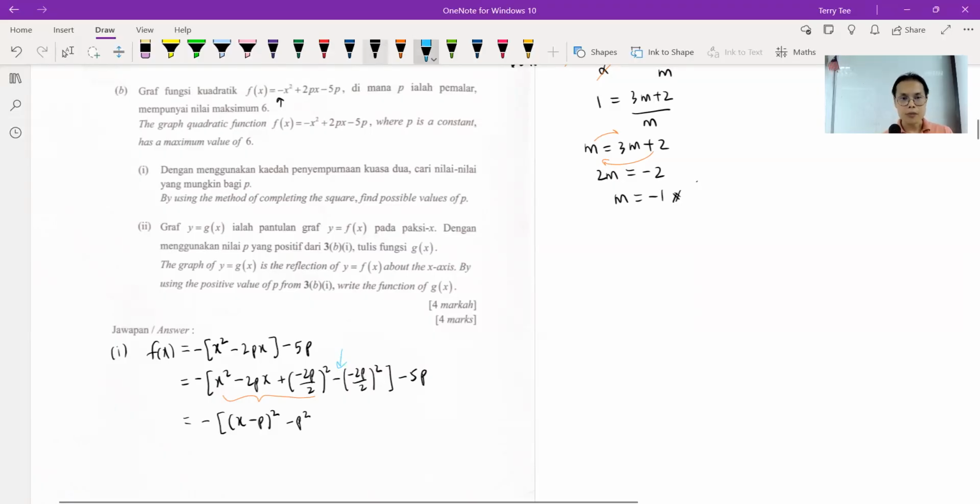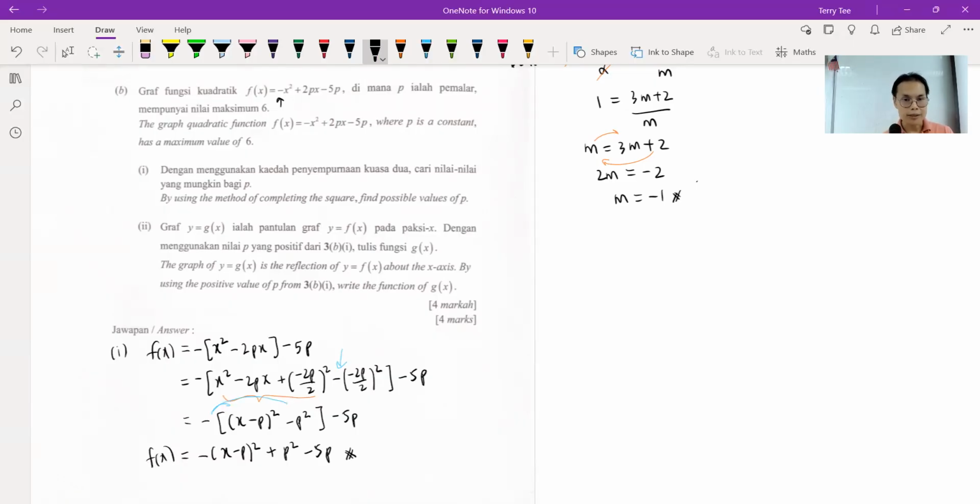All right. So you close your bracket, minus 5p. Okay, next, we're going to take this negative here and multiply inside by 1. So as I times in, this is negative x minus p squared plus p squared minus 5p, and there you go. That is your fx.